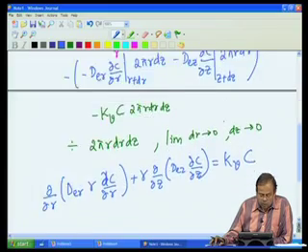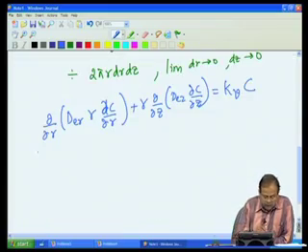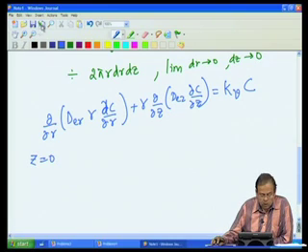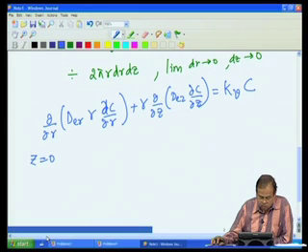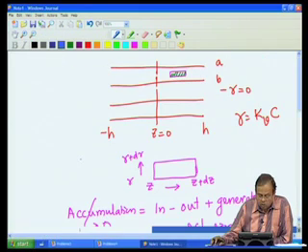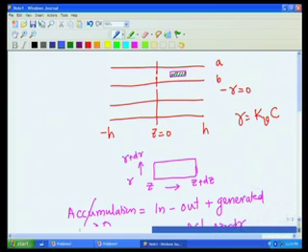Now, let us start with what is happening at z equal to 0. Z equal to 0 is a symmetric boundary, symmetric plane.